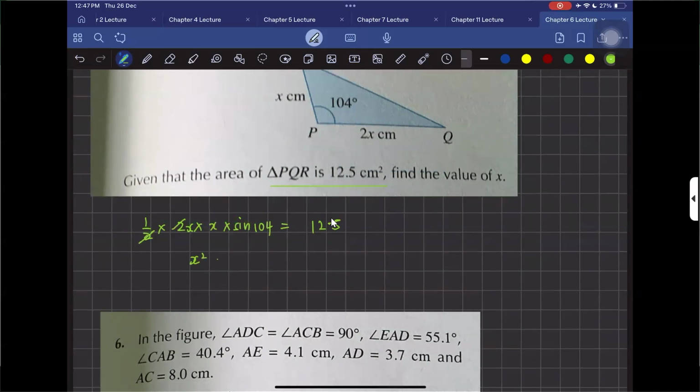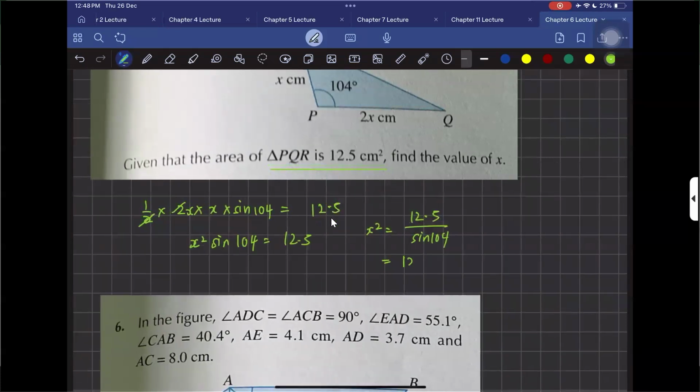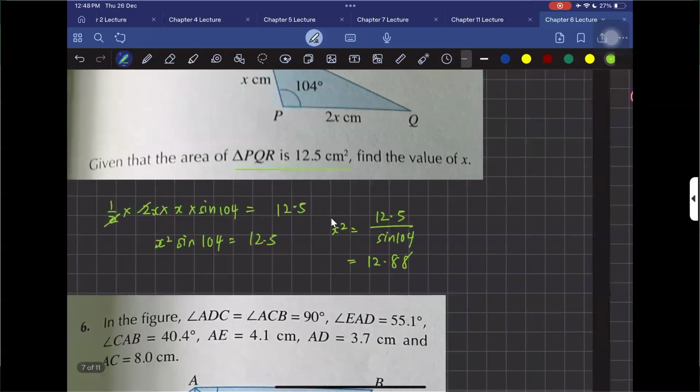So x squared sine 104 equals 12.5. x squared equals 12.5 over sine 104, so you get 12.883.